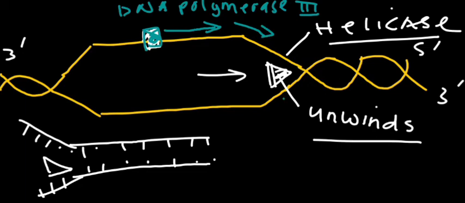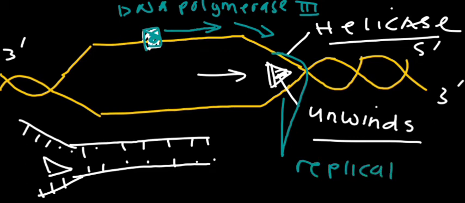And then these two Y-shaped strands are called the replication fork, because it looks like a fork. When you look at it, it looks like a fork. And you can see that there is a bulge there and a bulge there. This is called the replication bubble.